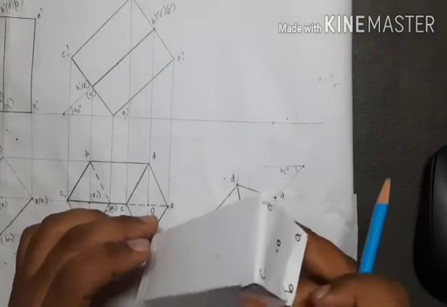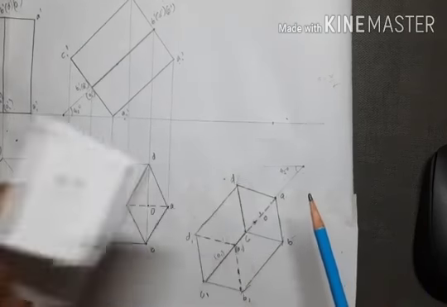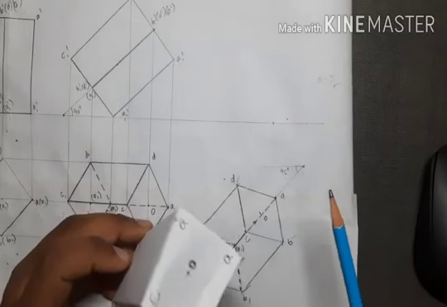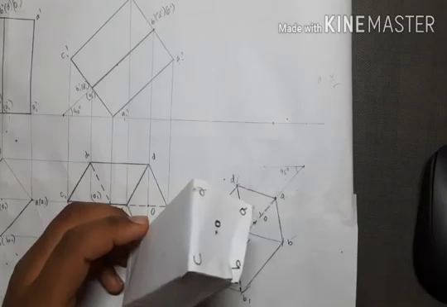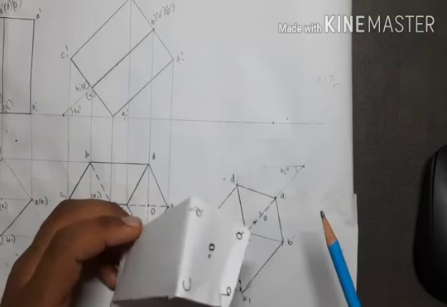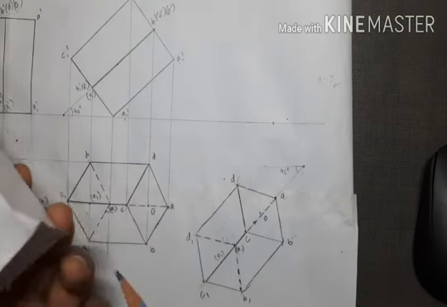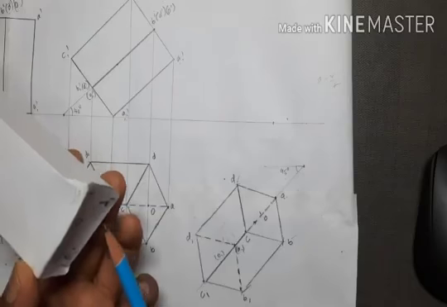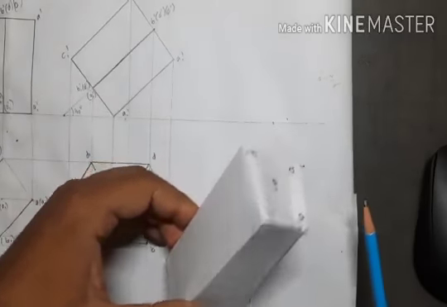So again I am stressing, make the paper model, those who are getting confused with the hidden edges. Now your square prism is in this position. So when you look from the top view, these two edges joining A1 to B1 and A1 to D1 are hidden.